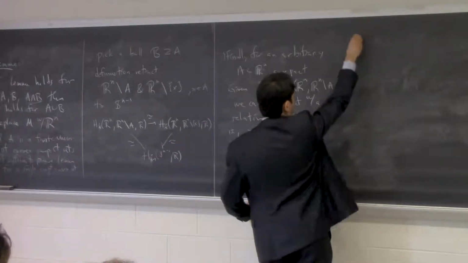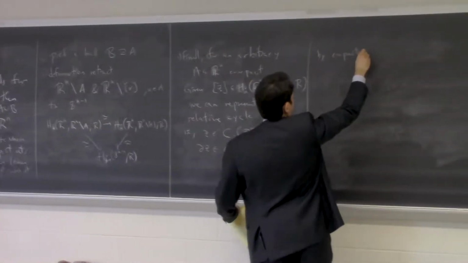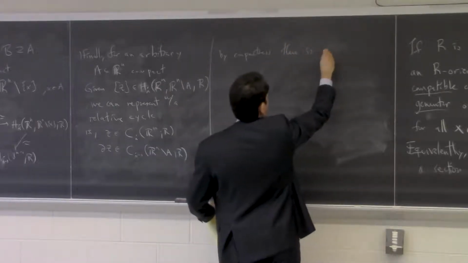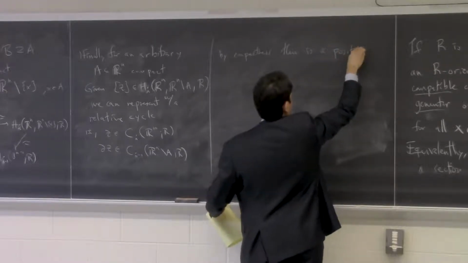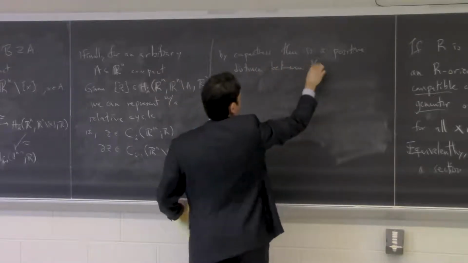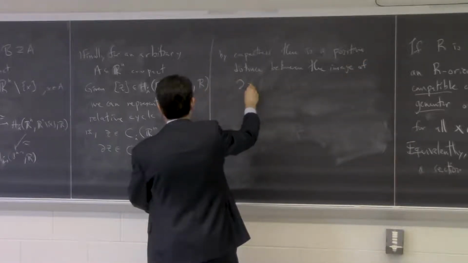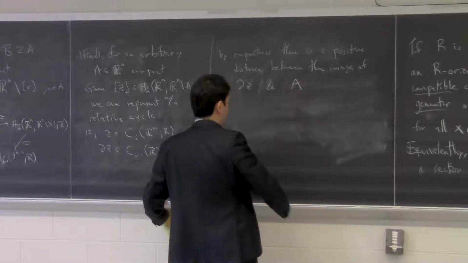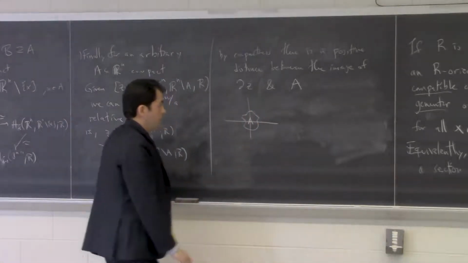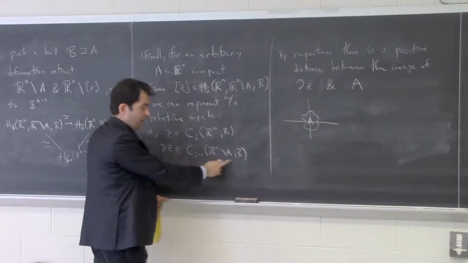Okay, so by compactness, there is actually some positive distance between the image of boundary C and A. Right, so we're in Rn, we have our subset A, we have a chain Z, and we know that its boundary lands in Rn minus A. Right?